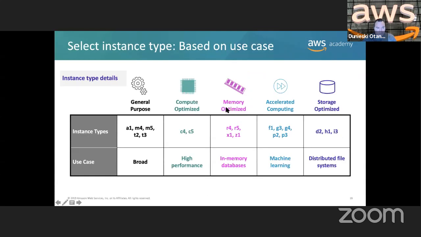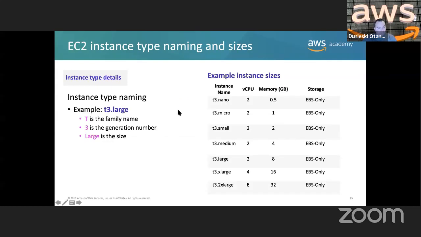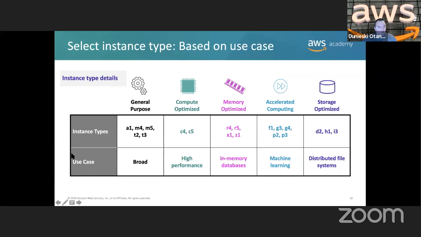Instance type details, guys. You don't need to know this for this exam. It's just to have an idea of how they work. Usually the ones that start with a C are compute optimized. So we have these here, instance type and use cases. When it's broad, use these.